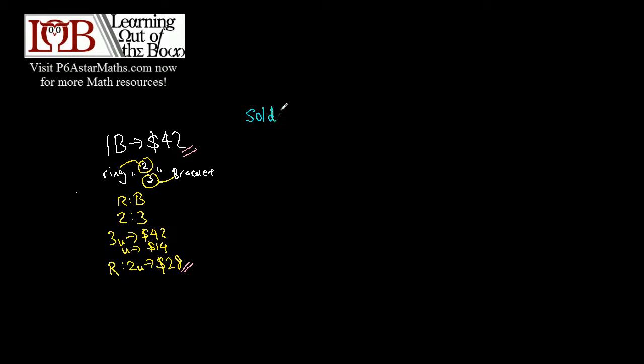So 2/5, rings that are sold is 2, bracelets that are sold is 3, and total sold is 5. So 2/5 of the items sold were rings. So for this is 3.